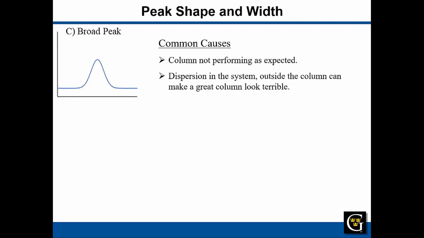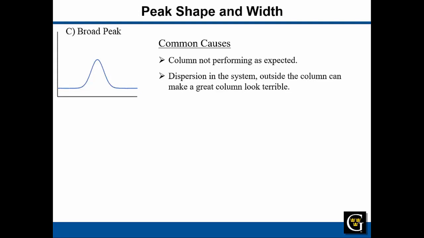Moving on to broad peaks, usually these are related to the column not performing as expected. So this could be just due to normal, let's say, wear and tear on the column where the peak width slowly increases over time, or maybe there's a more serious problem like a partially occluded frit, which is causing uneven flow through the column.